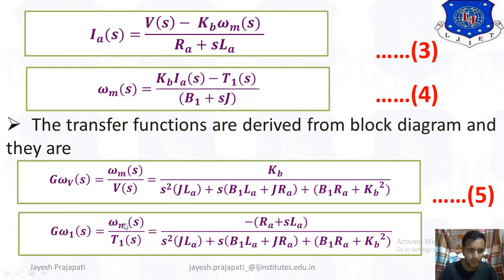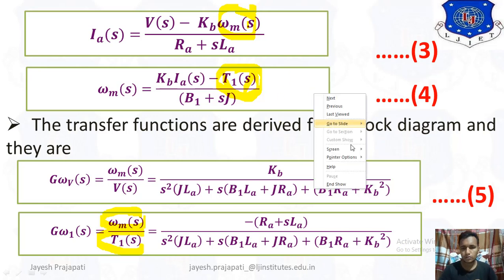We use omega m(s) from equation number 3, make omega m(s) the subject, and then make T1(s) the subject, and divide the equations. So it becomes minus Ra plus sLa, divided by s square J La plus s in bracket B1 La plus J Ra, bracket close, plus in bracket B1 Ra plus Kb square, bracket over.